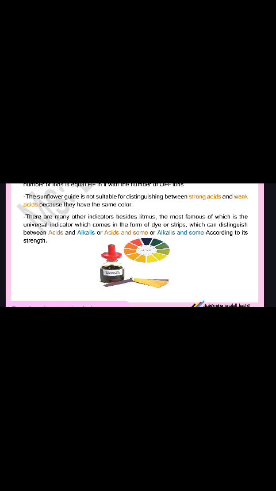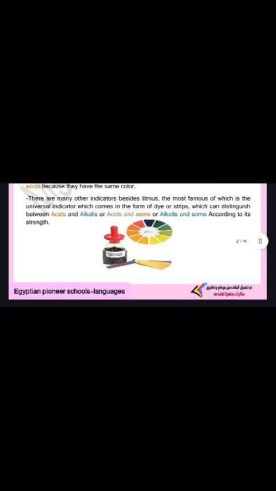The most famous of these is the universal indicator, which comes in the form of a dye or strip, which can distinguish between acids and bases, and of course weak acids and strong acids, weak bases or alkalis, and strong bases or alkalis.